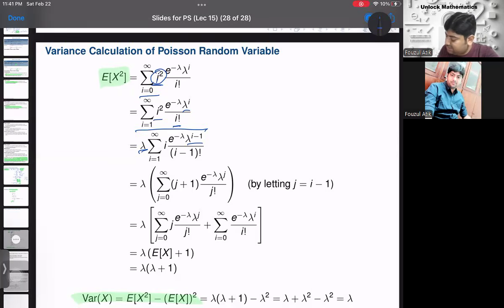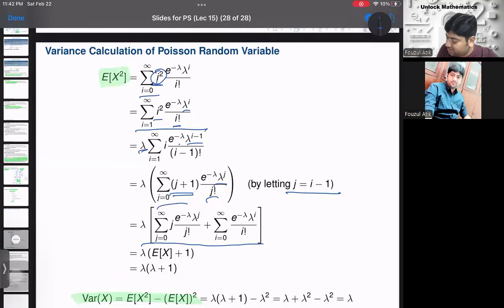Now again you change the index j equal to i minus 1. So if i runs from 1 to infinity, j will run from 0 to infinity. So we can easily write i equal to j plus 1, and then e power minus lambda, lambda power j by j factorial. And therefore we just separate out this term, we get this one.